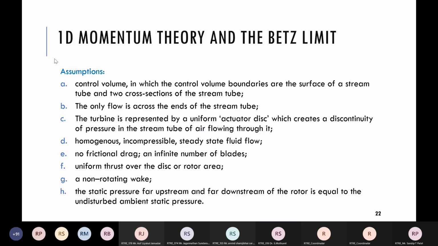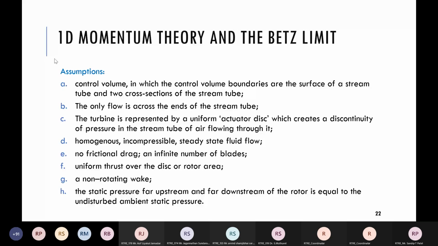So there are a few assumptions for the Betz limit. This is very common in mechanical engineering. Also, you must have learned this one. But here, 2-3 things I want to mention. The friction drag is considered to be 0. The total number of blades is considered infinite.